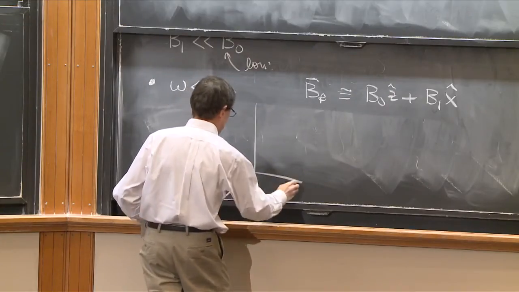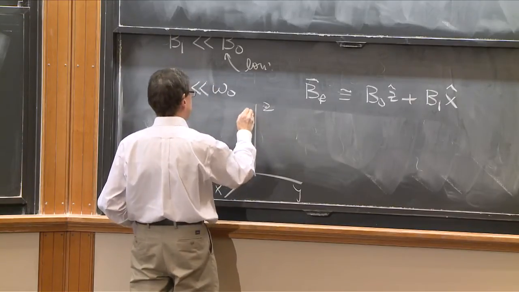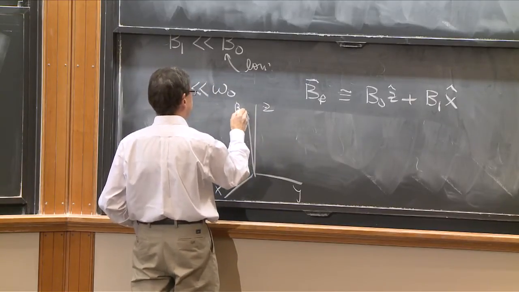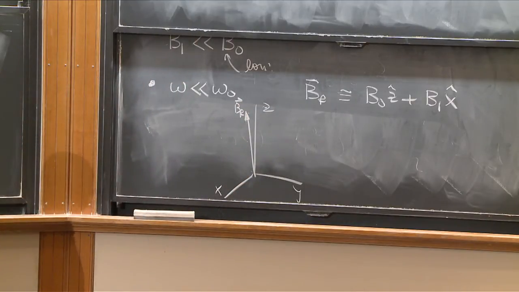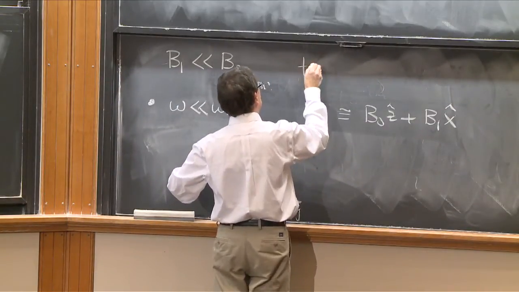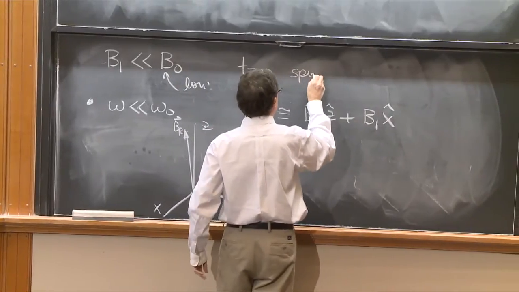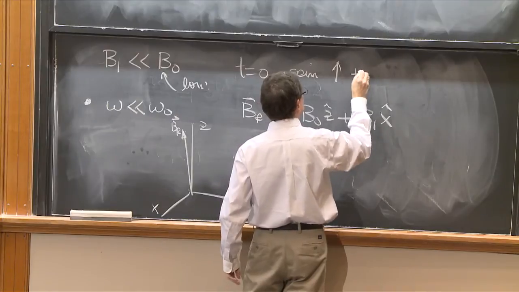So here is X, Y, Z. This is a magnetic field that looks like this, B_R. Okay, now this B_R, let's assume also, for assumption, that at t equals 0, the spin state you have is up, plus z.